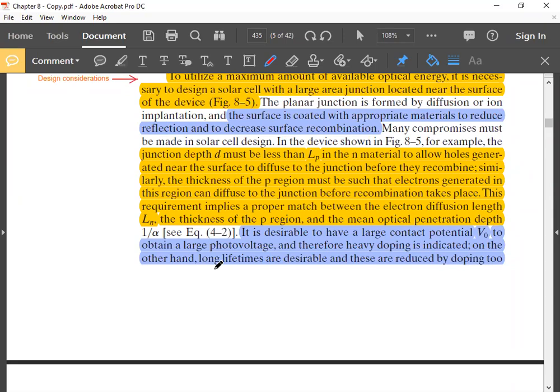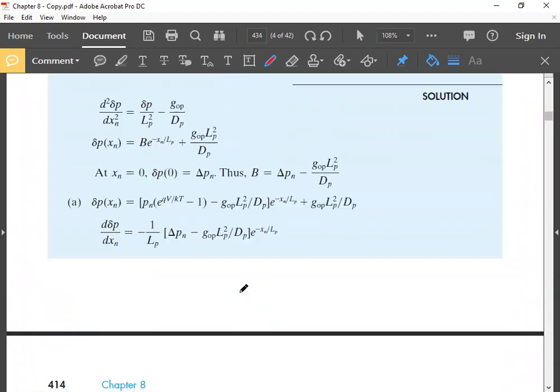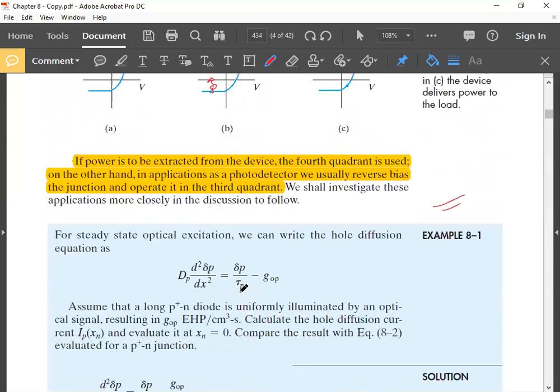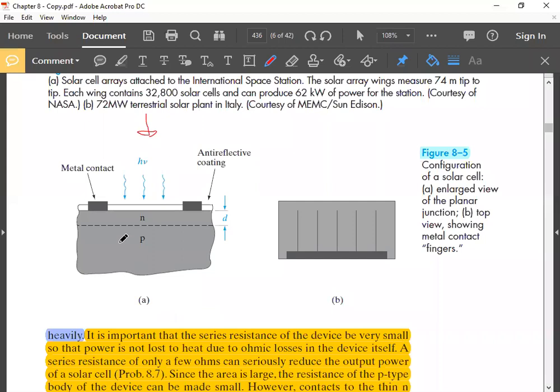Here we want a long lifetime, a large recombination lifetime. Why? Because we want the carriers to survive recombination before they reach the depletion layer.